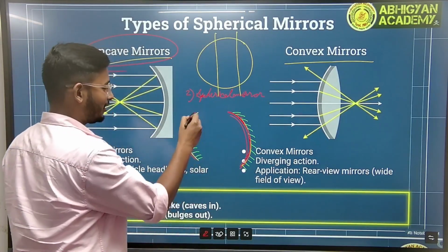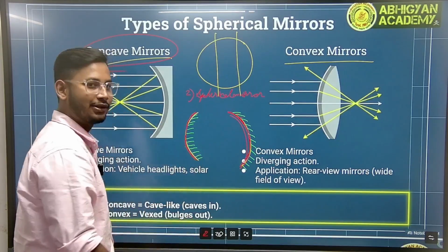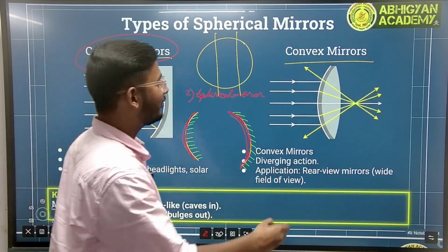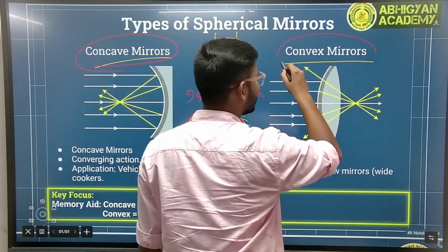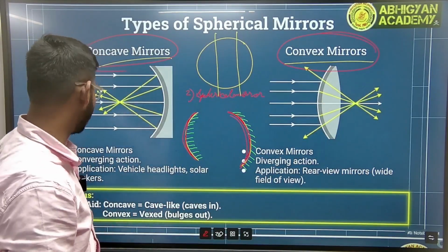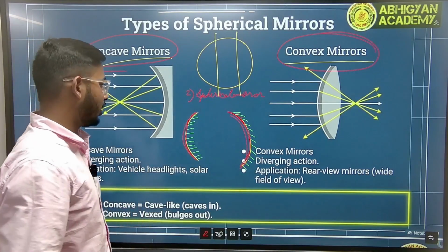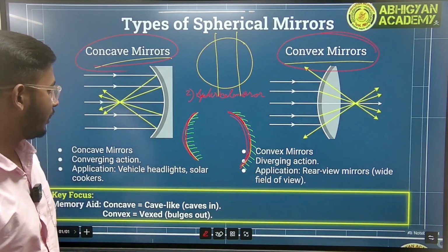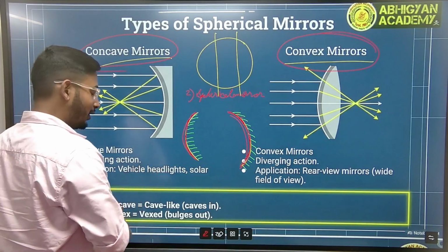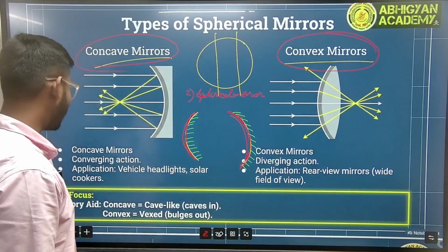And if the reflecting side is outwards, we call this mirror a convex mirror. Okay, done. There are some applications of these types of mirrors.